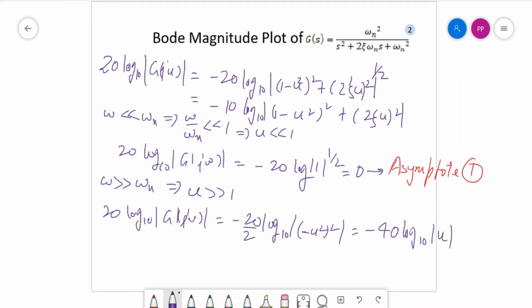So we can understand that the second asymptote, asymptote number 2, will become a linear function of log of the frequency in the normalized form. Because we have already studied that in the semi-log plot, the x-axis is already plotted in logarithmic terms.